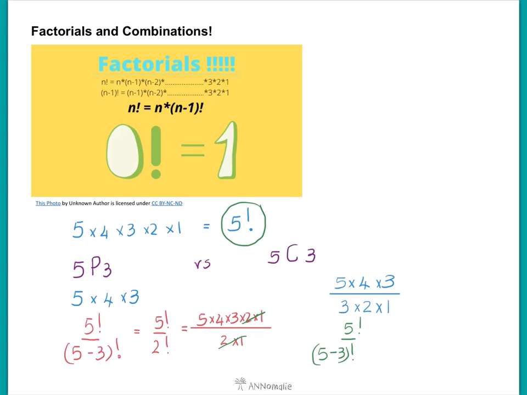But because we want to lose the arrangement of 3 objects, we also divide through by 3 factorial, and that will give us 5 times 4 times 3 times 2 times 1, and then divide through by the 2 factorial over here, 2 times 1, and then also to lose the arrangements, 3 times 2 times 1. So this will cancel, and then I will get the exact same answer, 60 divided by 6.